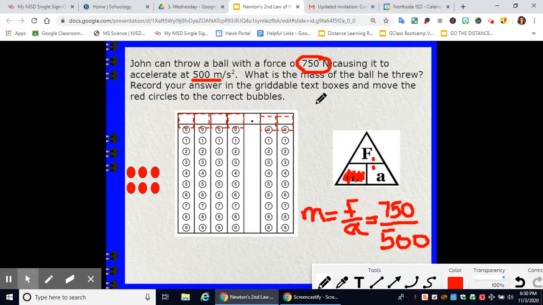So what is the mass of the ball that he threw? I would just divide my net force by the acceleration.